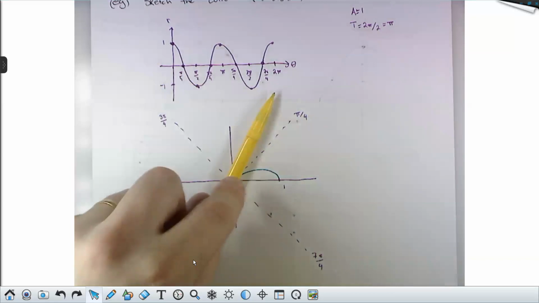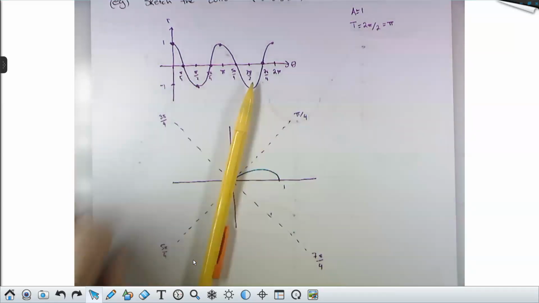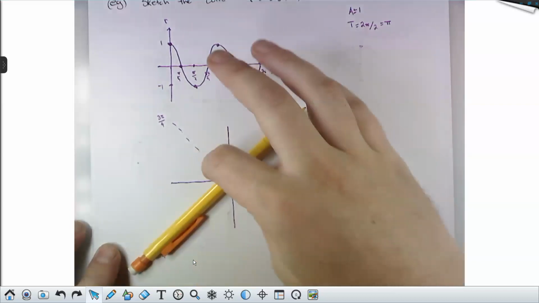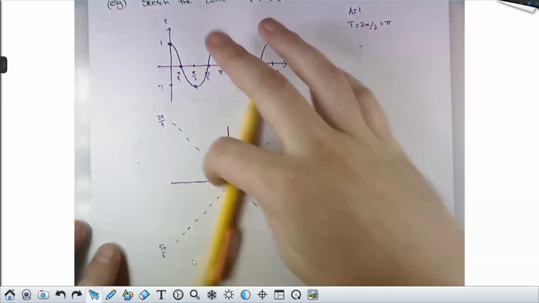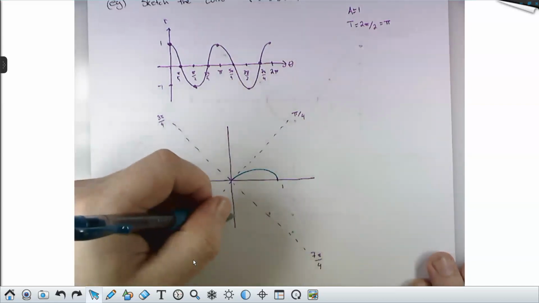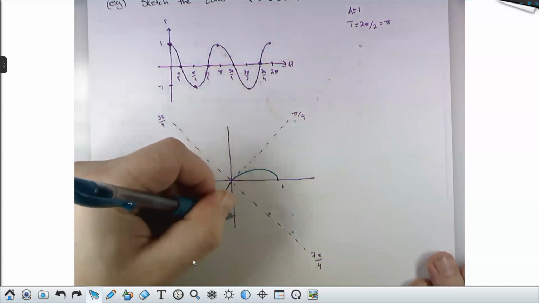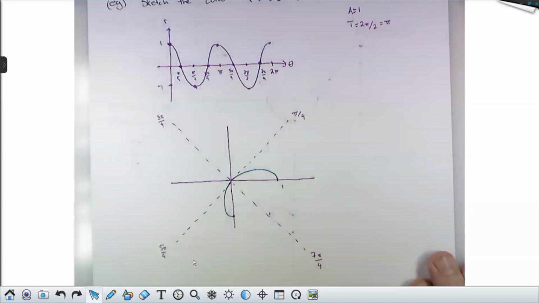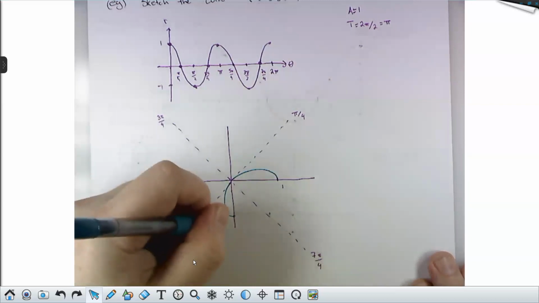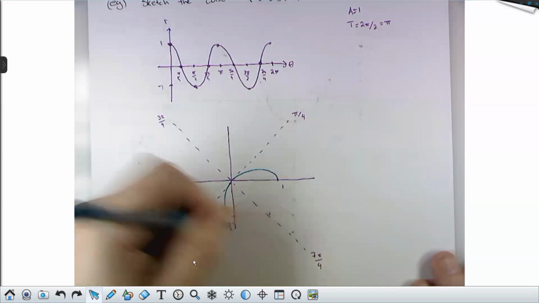That means I'm going to be running down here from 0 out to a max of 1 as this rotates from pi over 4 to pi over 2. We'll create something like this. Right here, this is the polar point -1, comma, pi over 2.